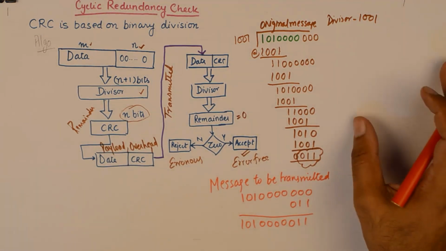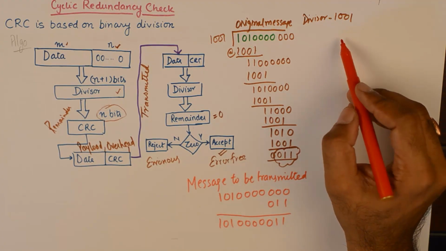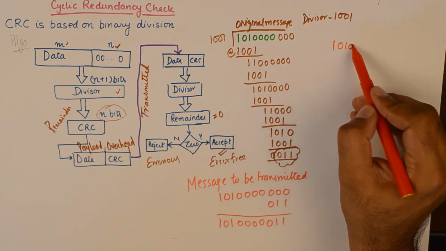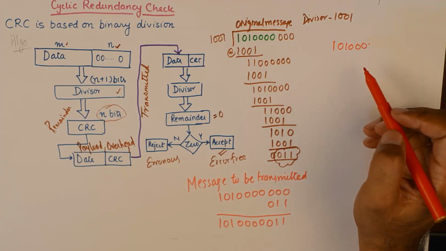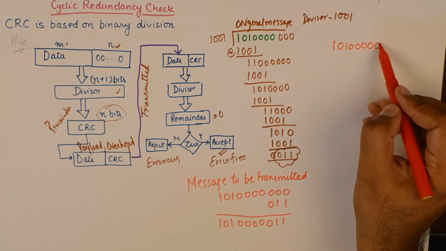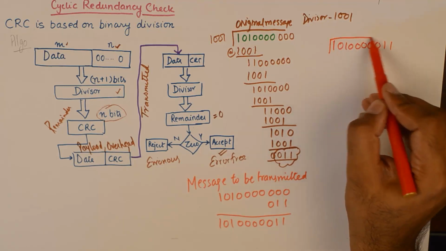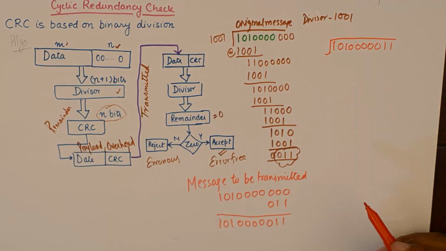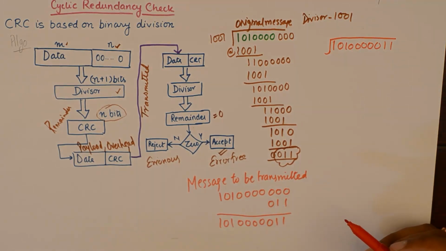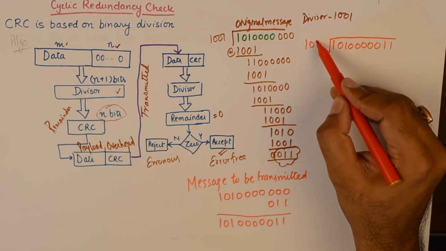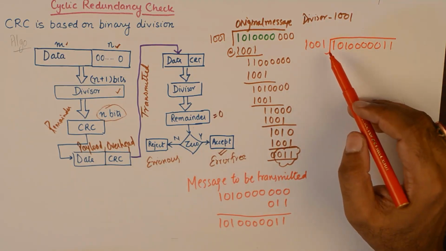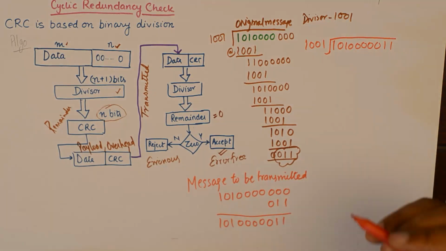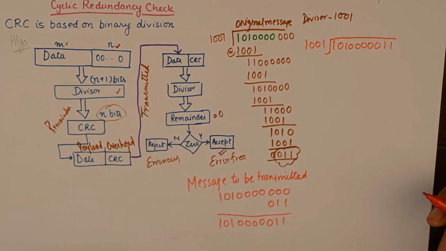Now what happens at the receiver end? We will receive this data, let us say, which is error free, and we divide it with the same divisor, because the information of the divisor will already be present with the receiver as a generator polynomial.